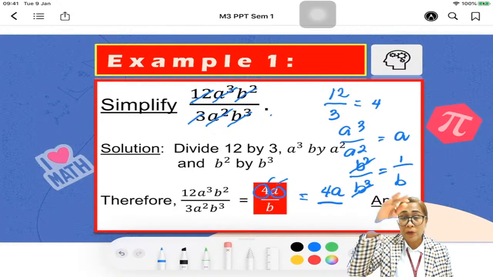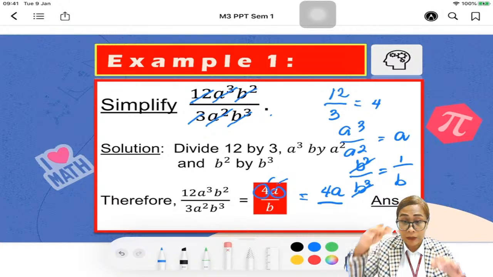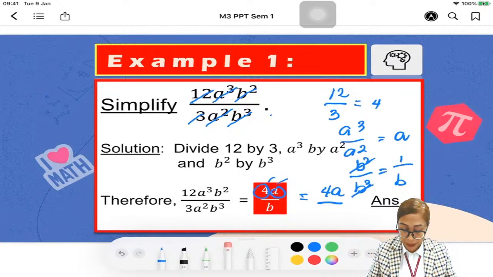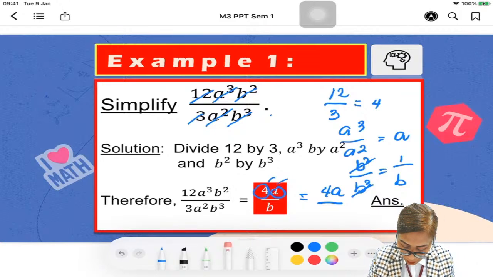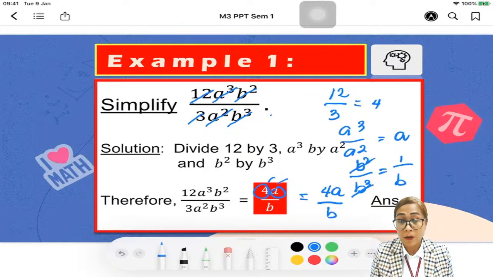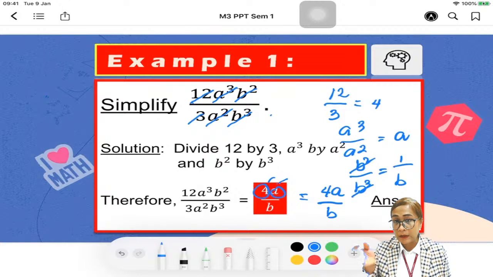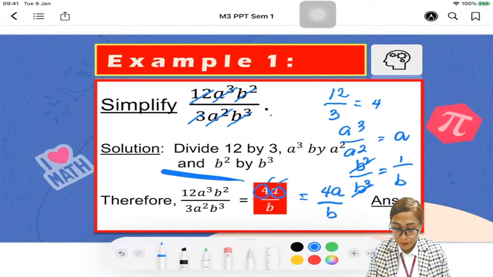So the numerator is 4a, and in the denominator below the line is b. The answer is 4a over b. We just cut and simplify. That's the answer, 4a over b.